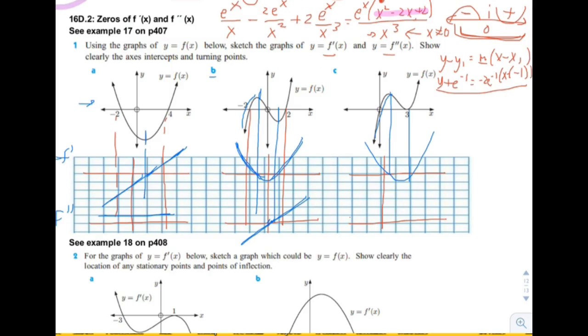And then if we take another derivative, this is the 0 point here. Okay? And let's mark where all these intercepts are. This intercept would be halfway between -2 and 4, which would be 1. So this would be at 1. Like this one here is at 0. And the intercept here is probably at -1 and 1.